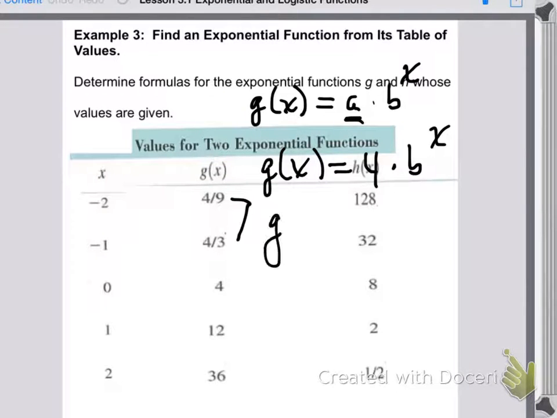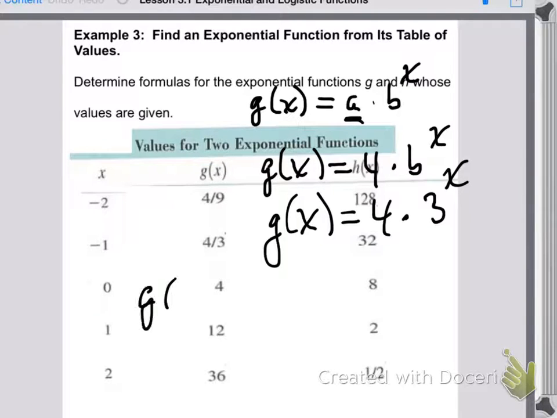I'm going to say g of x is going to equal 4 times 3 raised to the x. Okay, now it's very important, don't want to make this mistake, it's very important not to simplify this and say g of x equals 12 to the x.